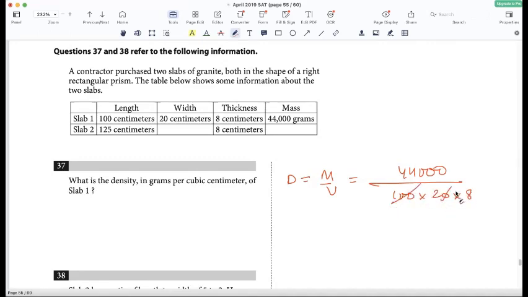So these 2 zeros cancel, and it's 22 by 8, right? So let's just plug that into the calculator. 22 divided by 8 is 2.75. So that's 2.75.